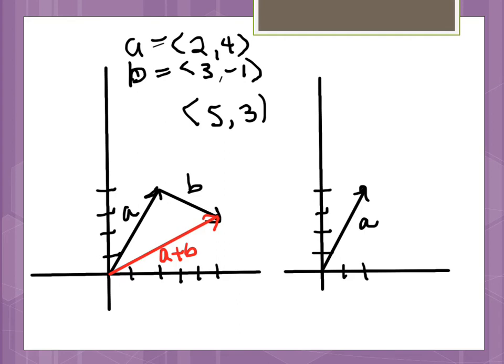So instead of going right 3, we're going to go left 3. And instead of going down 1, we're going to go up 1. I mean, we're just changing the direction. You could also think about taking the vector B as it's drawn and going in the opposite way. So we're going to be going left 3 and up 1, which puts me right here, roughly.